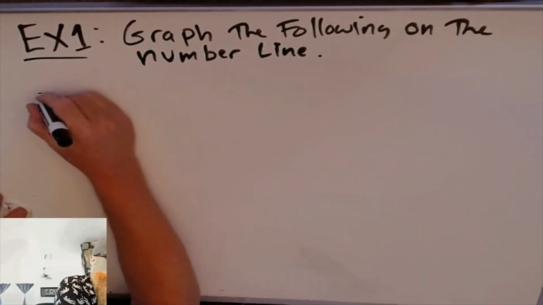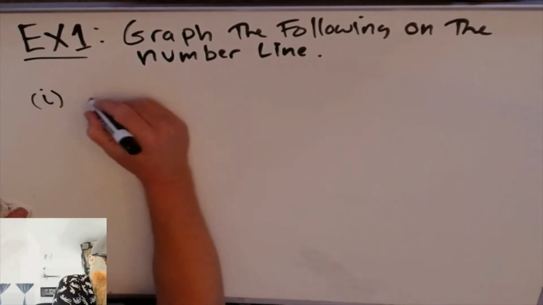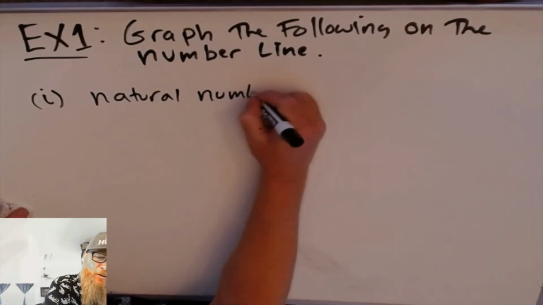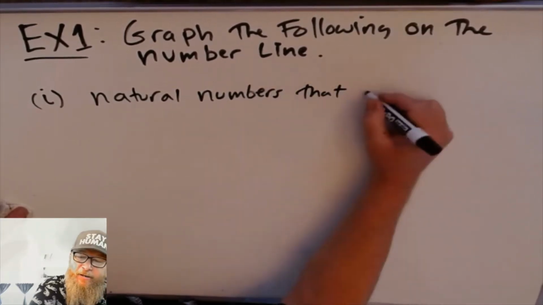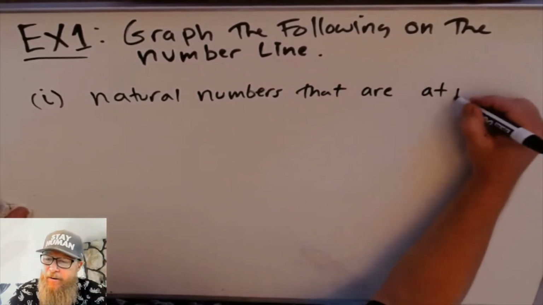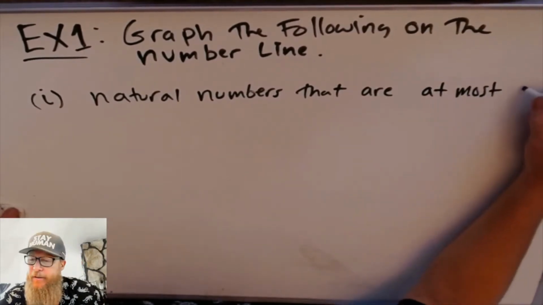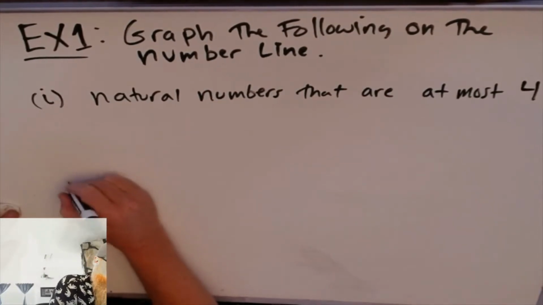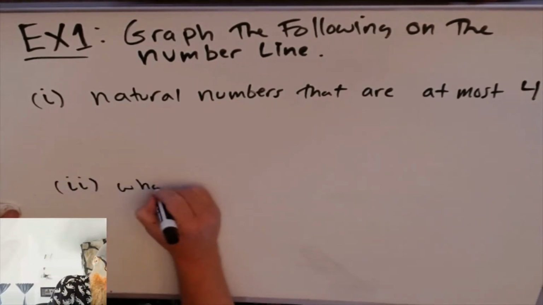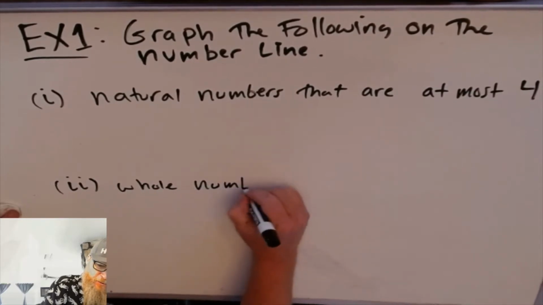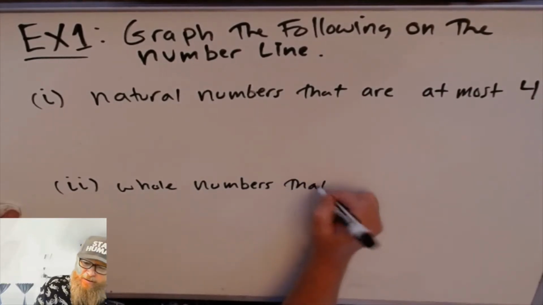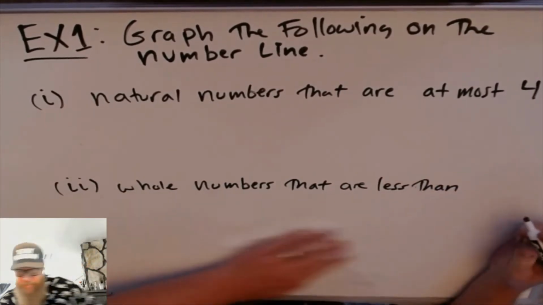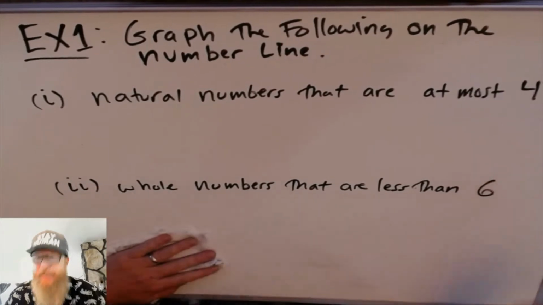So let's say the natural numbers, also known as the counting numbers, that are at most 4, the whole numbers that are less than 6.